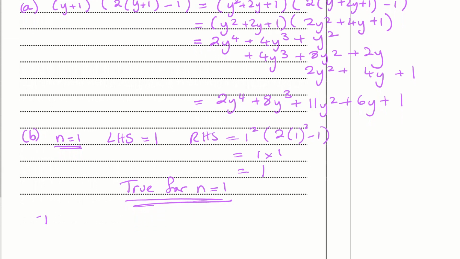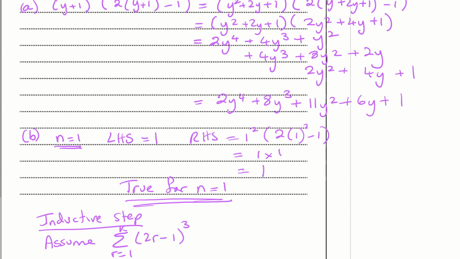We now have the inductive step, where we are going to assume, for some value k, that the sum from r equals 1 to k of (2r take away 1) cubed is equal to k squared (2k squared take away 1).